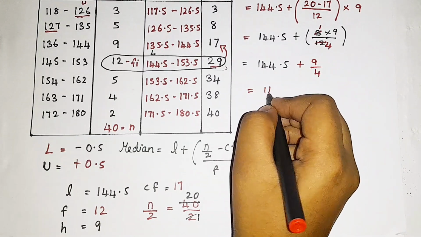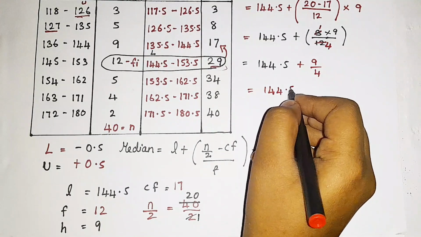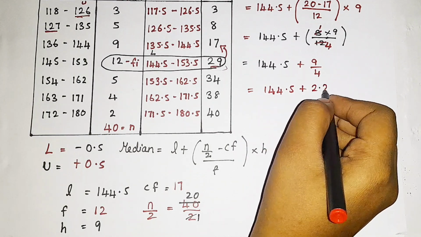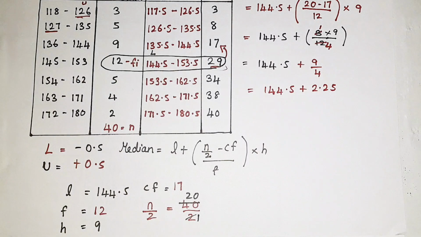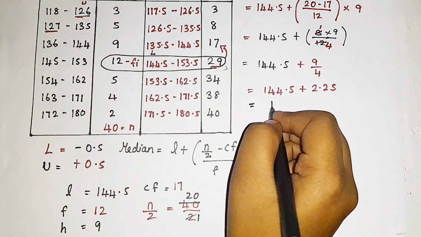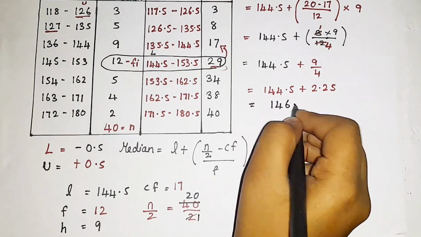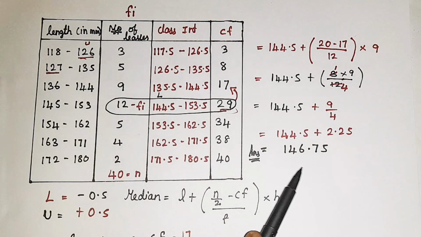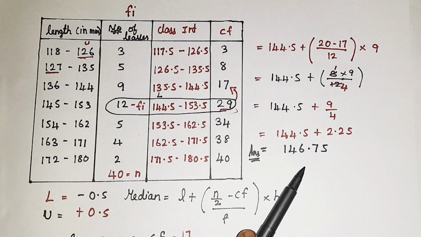So here 144.5 plus 9 by 4 is 2.25. Okay, so when we just add them, we'll get 146.75. Okay, so what is the meaning of this answer? That is 146.75.